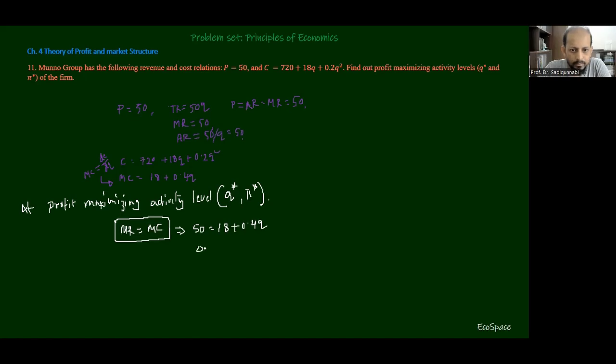So we can rearrange this as 0.4Q equals 32. Q star equals 32 divided by 0.4, which is equal to 80. Okay. So we have got our one solution.